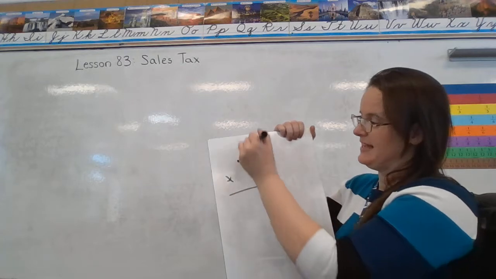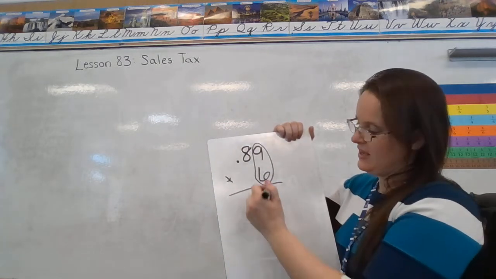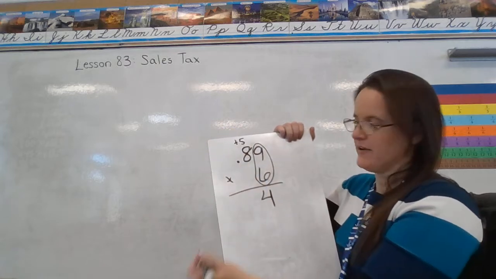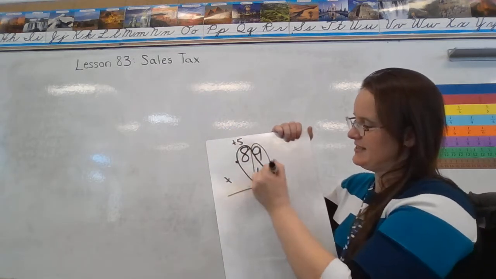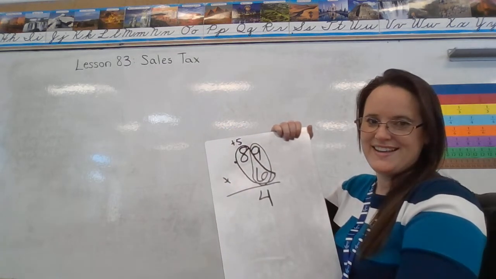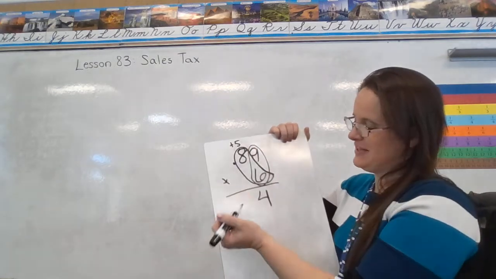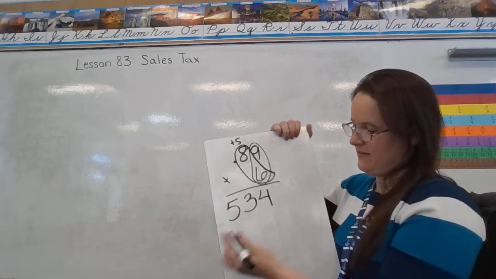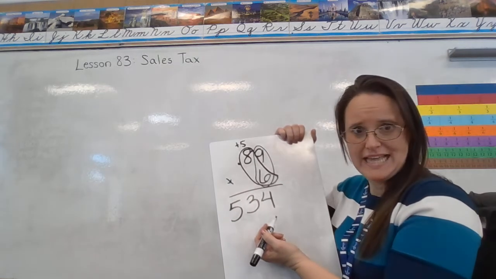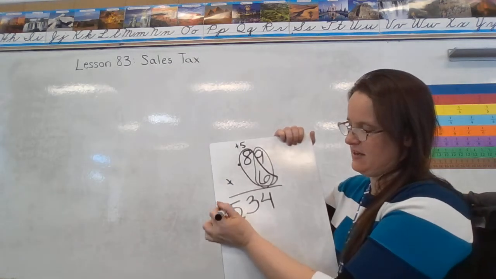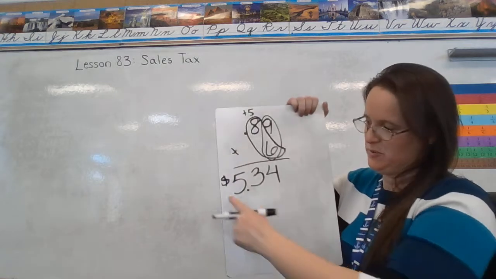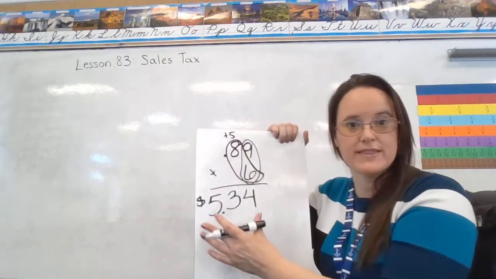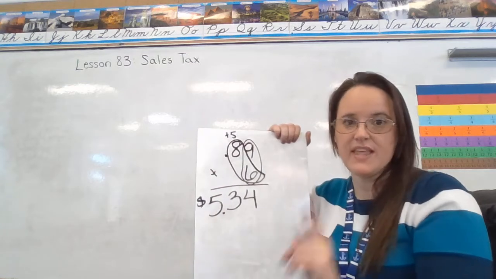So we're going to multiply 6 times 9, which gives us 54. We carry the 5 over there. 6 times 8 is 48 plus 5. So we're going to have 534 cents. Let's turn that into dollars. Give us a decimal point and dollar sign there. $5.34. That's what the bolts cost.